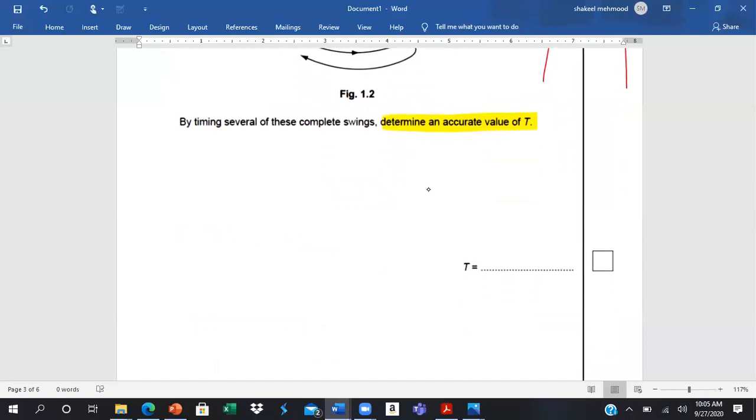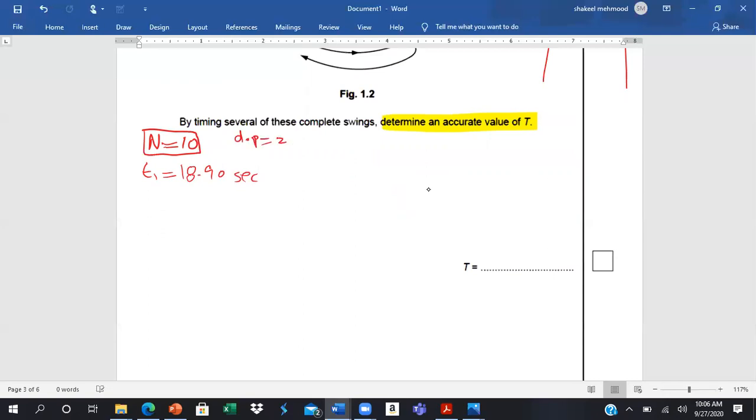First of all, what you have to do is select a number of oscillations, like 10. So you are going to measure the time for 10 oscillations, right? And let's say your first time for 10 oscillations comes out to be 18.90 seconds. Okay, the stopwatch that we use has 2 decimal places, right?